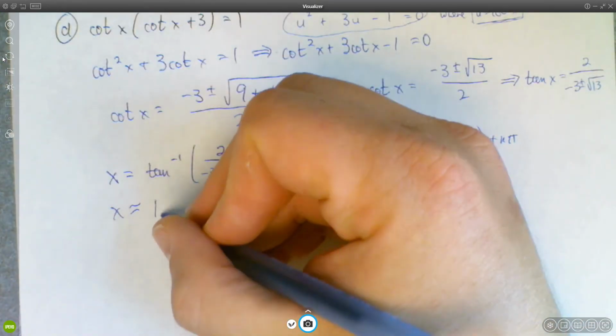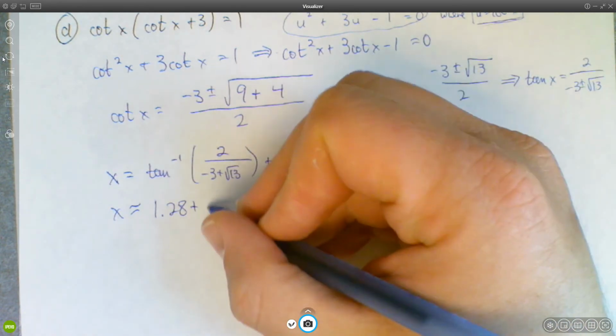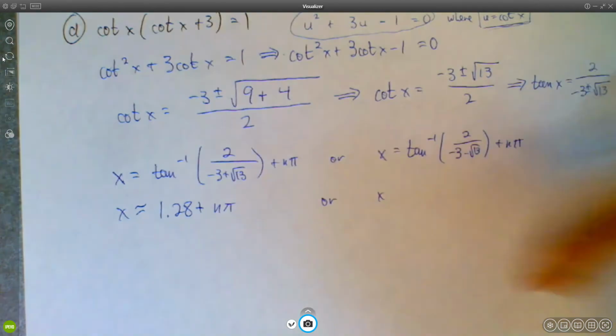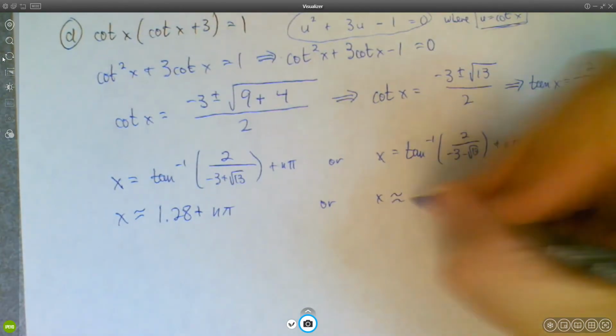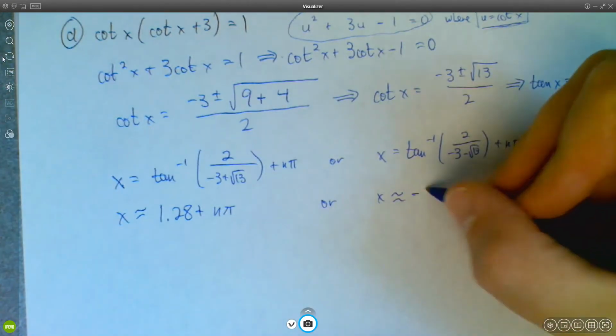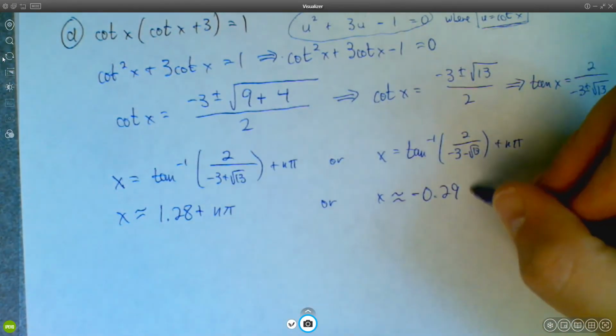This is about 1.28 plus n pi, or x is approximately tangent inverse of 2 over -3 minus root 13, which is about -0.29 plus n pi.